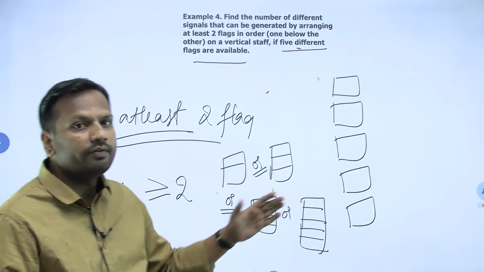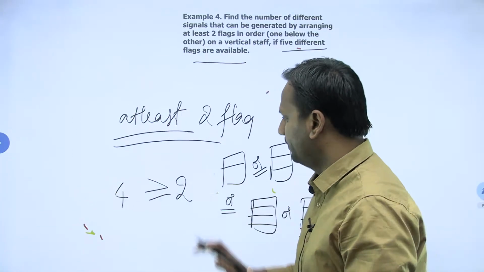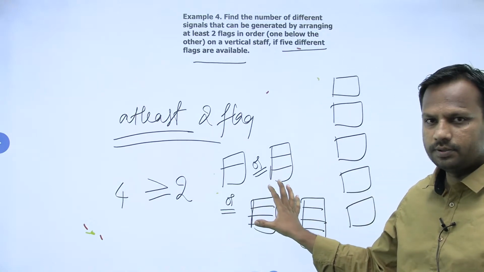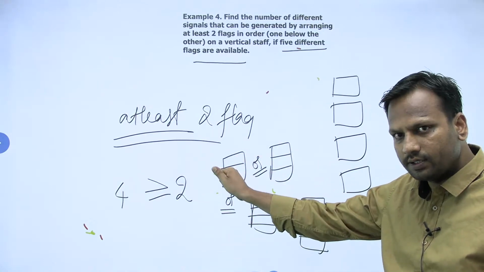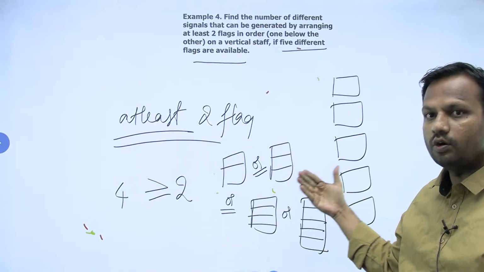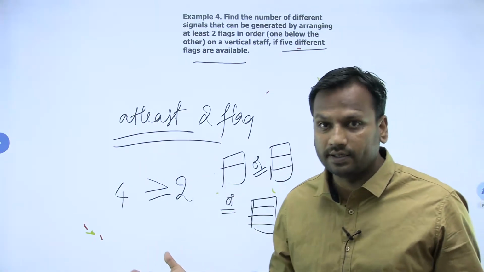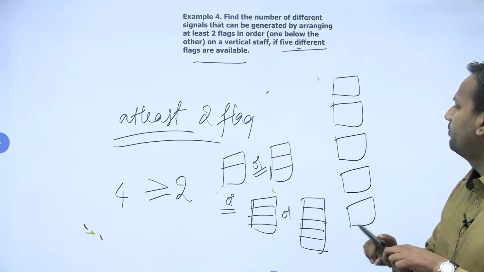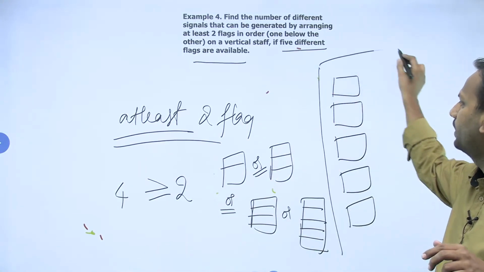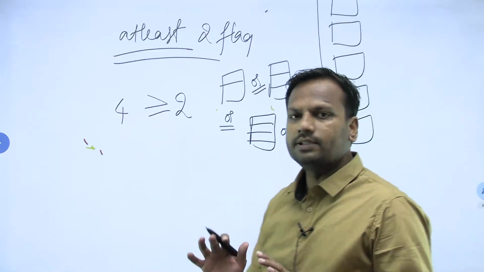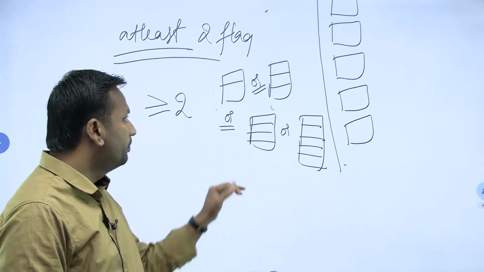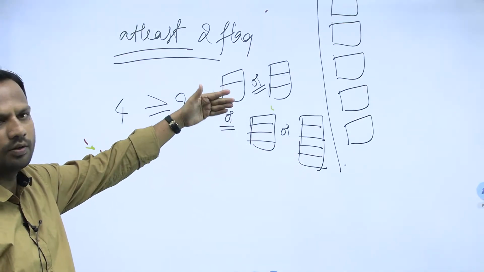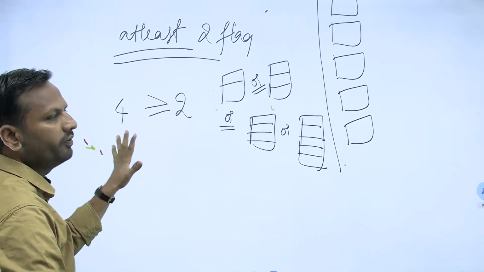So in total, how many ways can I do this? You can't take 6 flags because there are only 5 flags provided. So maximum 5 flags you can take. Minimum how much should you take? 2 flags. Either only 2 or 3 or 4 or 5. So in how many ways can you do it?